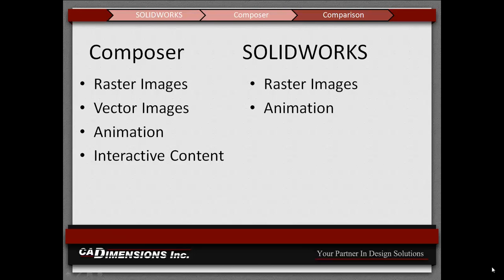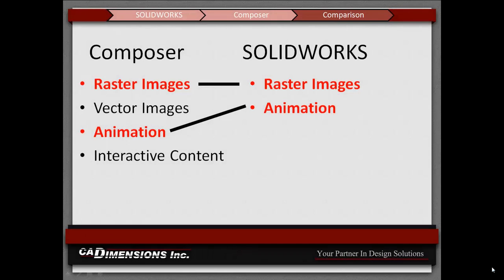And if we take a look at that, we see right there, yep, there is definitely overlap between these two products, in that they both offer output for raster images and animations, videos of some sort.